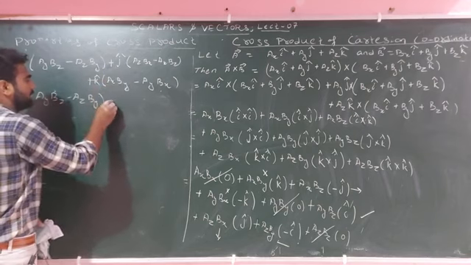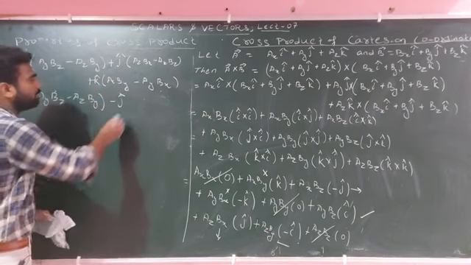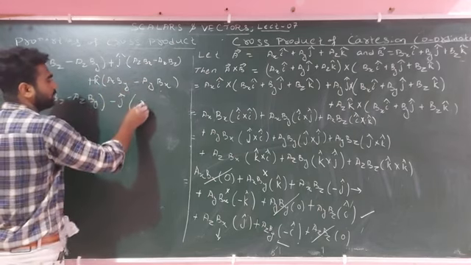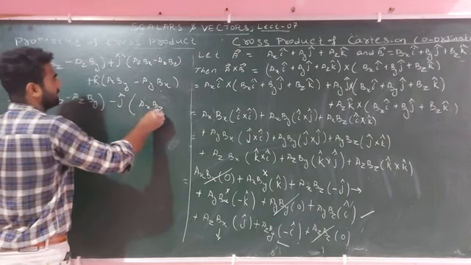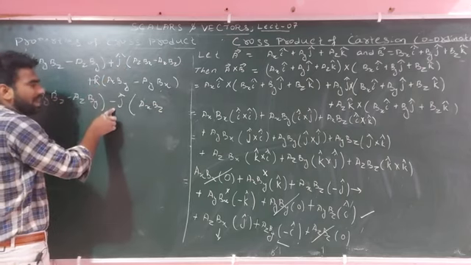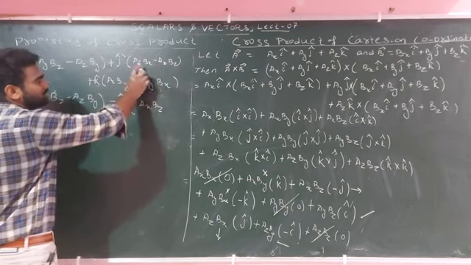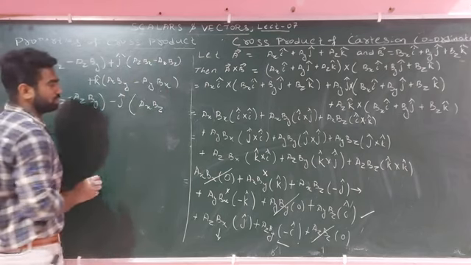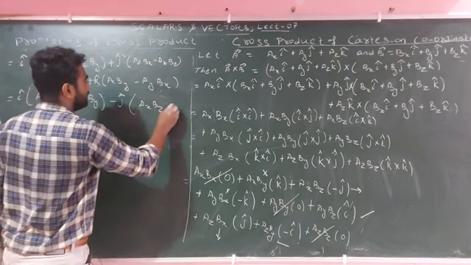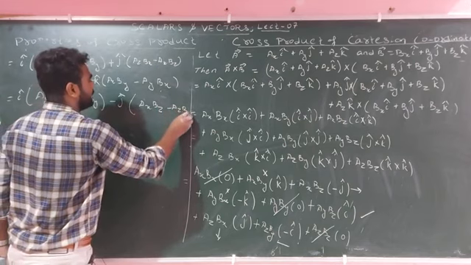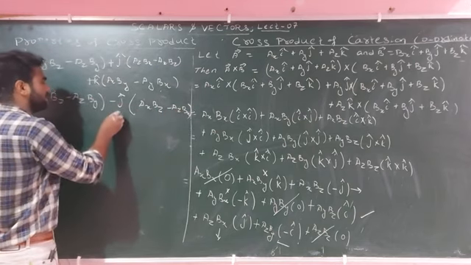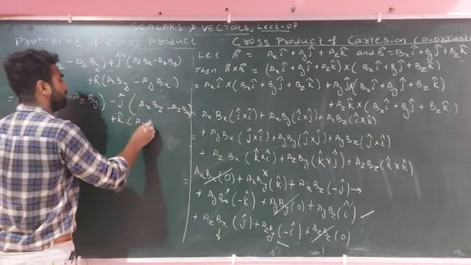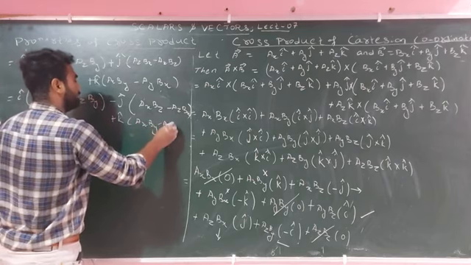Instead of plus j cap, if we take minus j cap, then it is reversed, so it becomes ax bz minus az bx, with minus j cap. These two terms can be reversed, meaning ax bz and az bx, and plus similarly k cap, ax by minus ay bx.